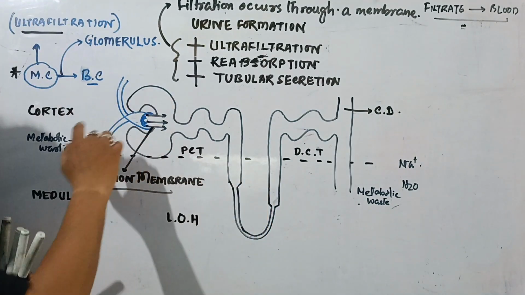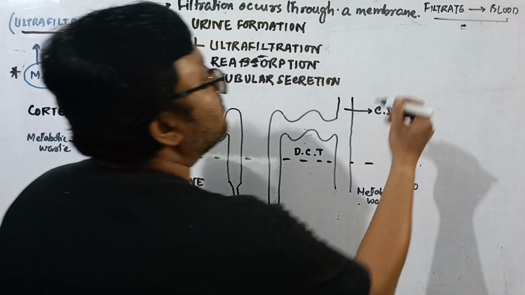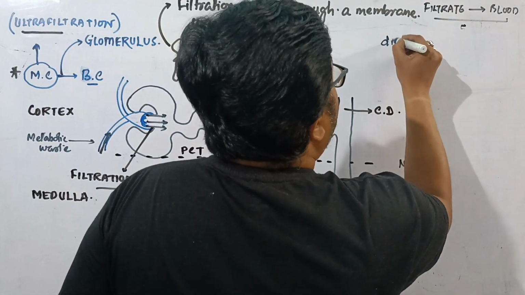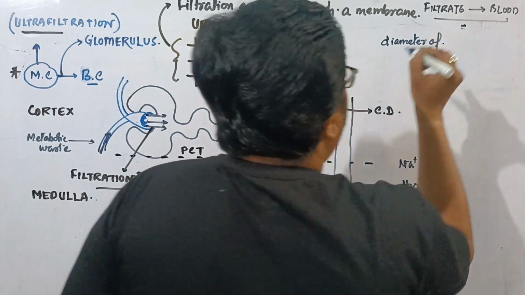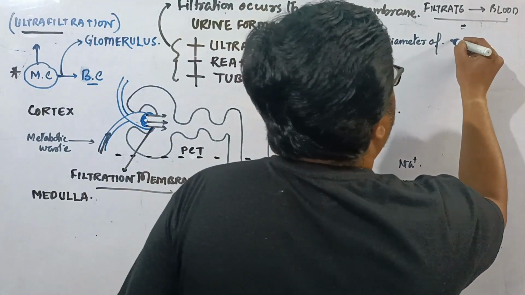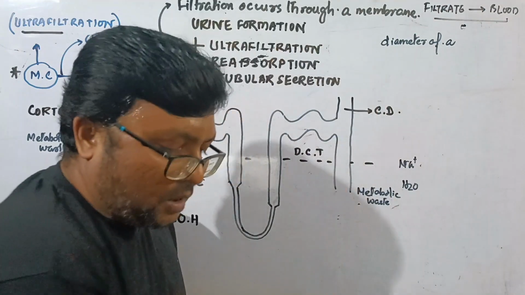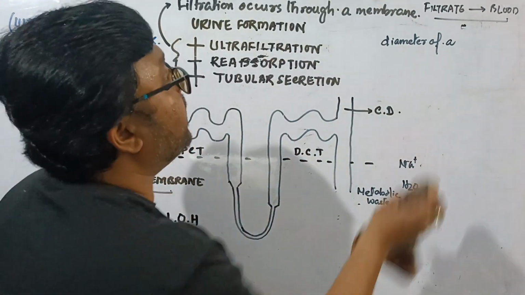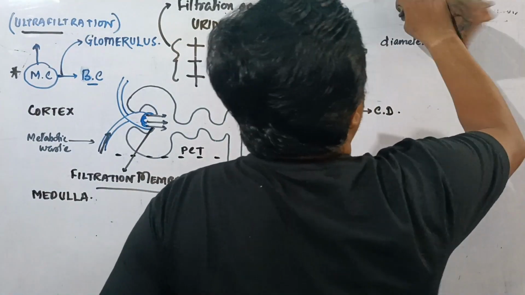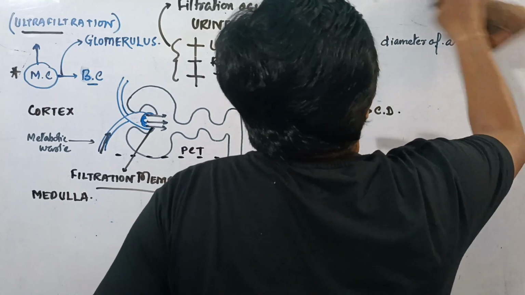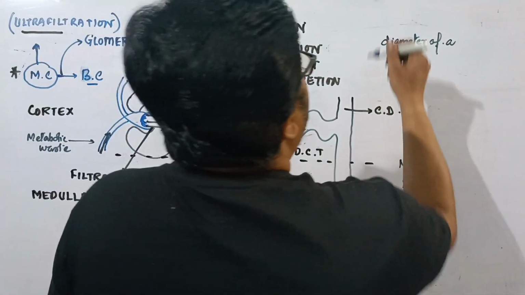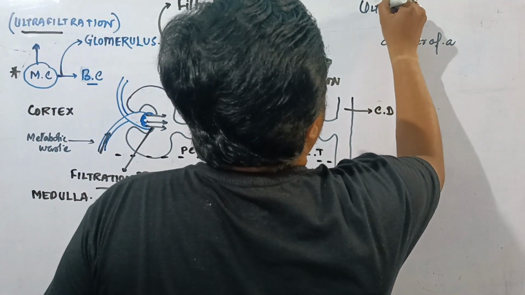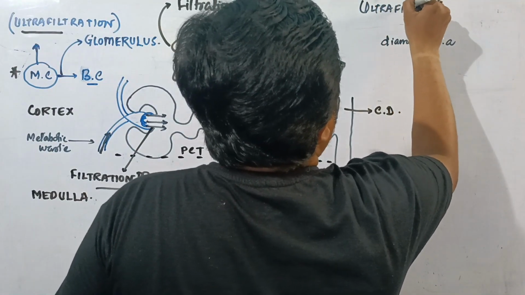So এইখানে আমরা দেখব যে diameter of afferent arteriole. So just let me put a heading. We are right now discussing the process of ultrafiltration. তো একটু if you wish you can note down, ছোট ছোট করে একটু নোট ডাউন করে নিতে পারো. Ultrafiltration.